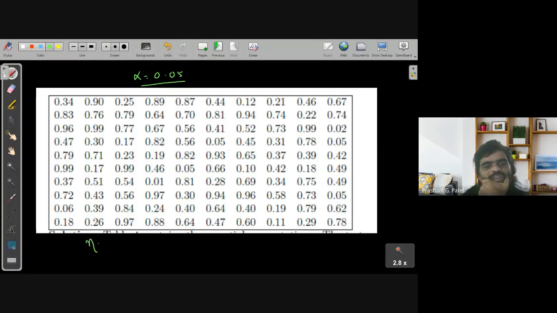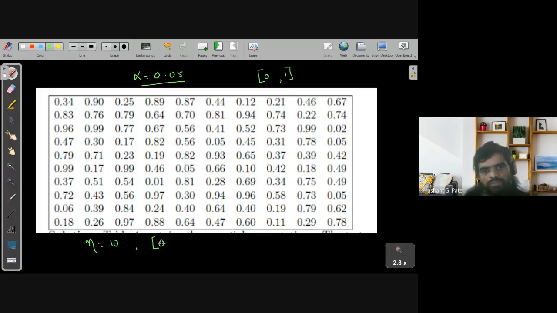Let us fix the number of intervals as 10, small n is 10. We can observe that all these numbers are between 0 and 1, so I need to divide this closed interval 0 to 1 into 10 equal intervals.